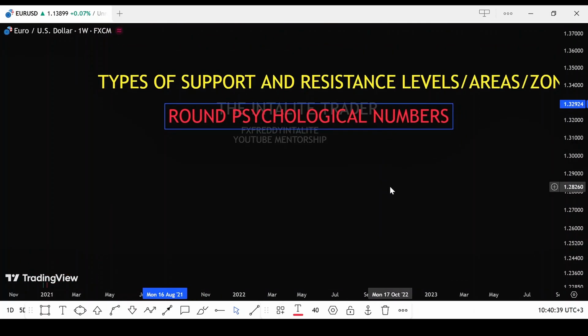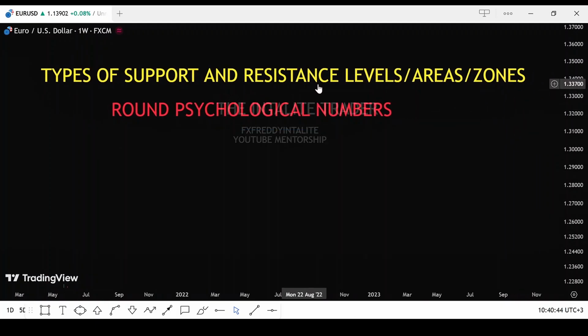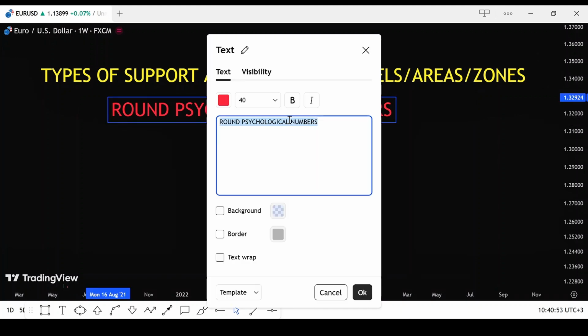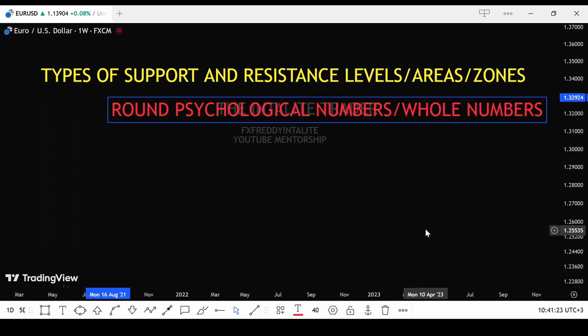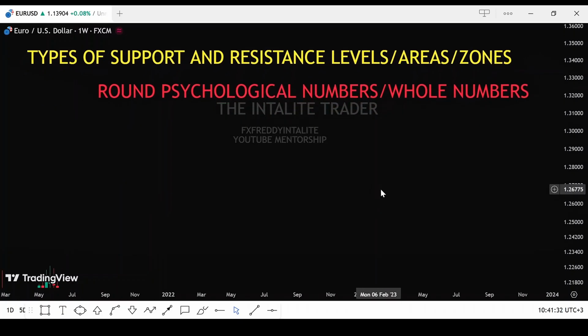Under types of support and resistance levels, we have round psychological numbers, or you can call them whole numbers. So these are numbers which are whole numbers or even numbers.